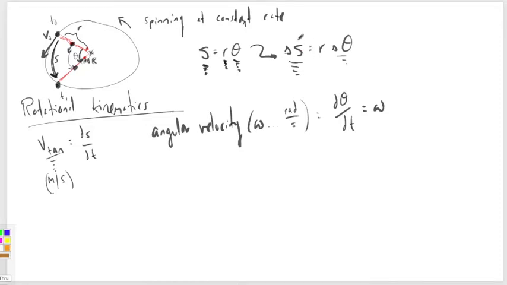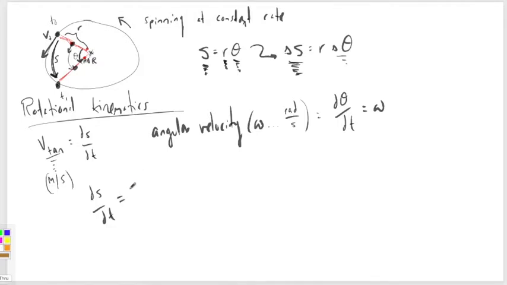Well, if I take the derivative of displacement with respect to time, that of course gets me tangential velocity, doesn't it? How far does it go per unit time? What is delta s over delta t, or ds dt, if I'm talking instantaneously, right? So if I take the time derivatives of both sides of this, I'm going to get ds dt, that's the time derivative of the left side.